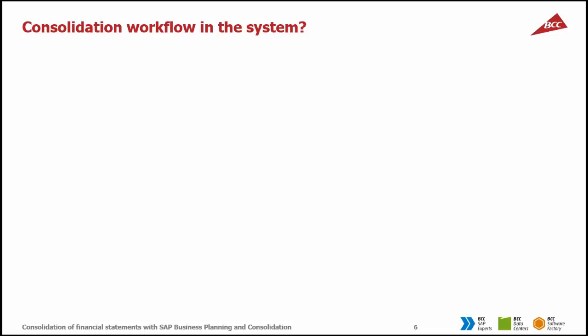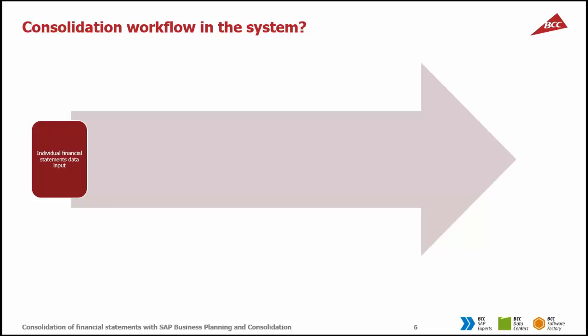So what is the workflow in the system for the consolidation? First of all, we have to get some source data. That will be source data coming from individual financial statements. Secondly, we have to provide data verification.